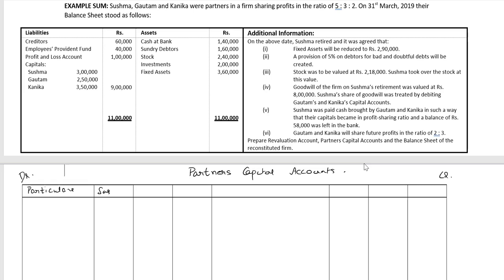Column for Sushma, a column for Gautam, and a column for Kanika. On the credit side again, particulars, a column for Sushma, column for Gautam, and column for Kanika.